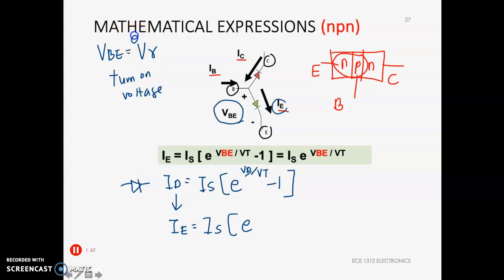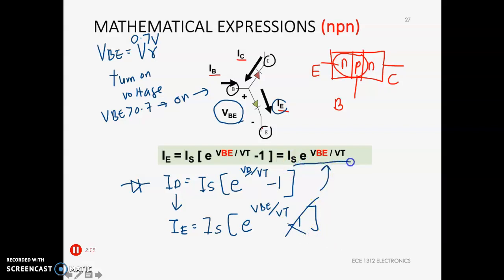Usually VBE is 0.7 volt, so VBE needs to be more than 0.7 in order to turn on your BJT. Here it becomes VBE divided by VT minus 1. You can ignore the minus 1, so it becomes IE equals IS exponent VBE over VT. What is VT here? VT is the thermal voltage, and at room temperature, VT is 0.026.